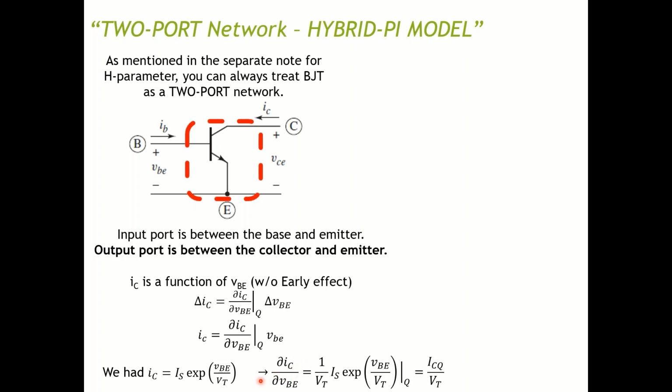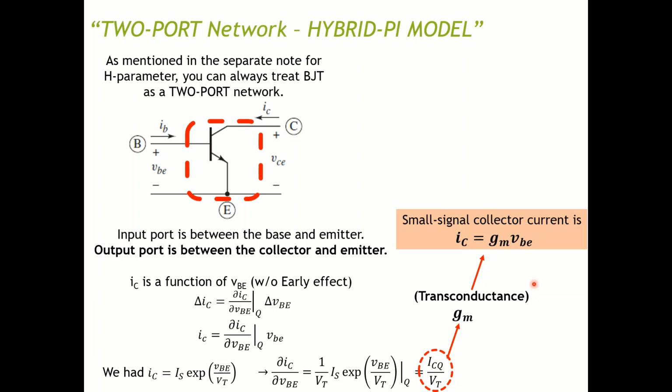Now you can represent this slope with this equation, and finally this is equal to ICQ over VT. This slope, ICQ over VT, you can call GM, and this is defined as transconductance.